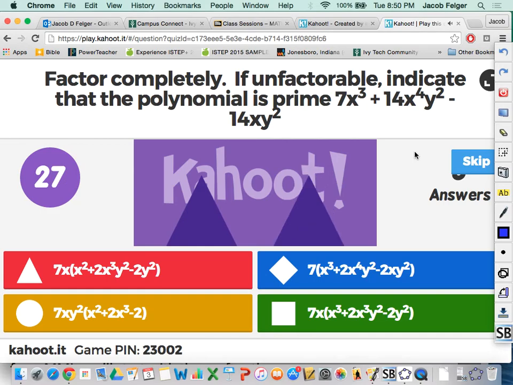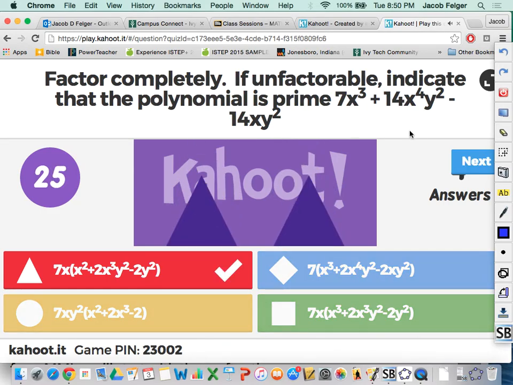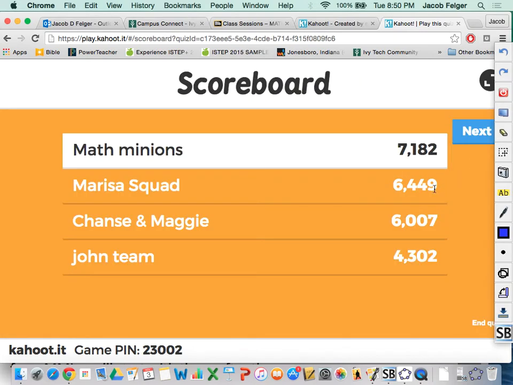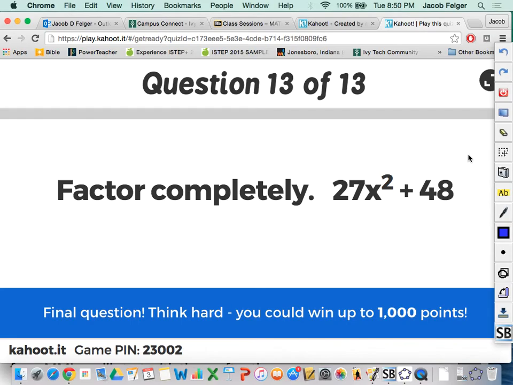Very simple. Everyone got it. All right. Nicely done. So look at that language there. All they're asking for is the GCF. That's the language you're going to see next week. Comes down to this. Factor completely.